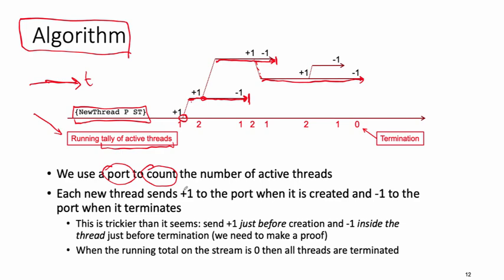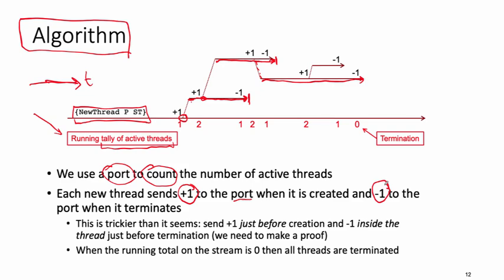So a thread will send +1 to the port when it's created. So then the +1 appears on the stream, and if you keep a count of all the numbers on the stream, this will increment by 1. And when the thread terminates, it sends -1 to the port, so that the count will be reduced by 1.